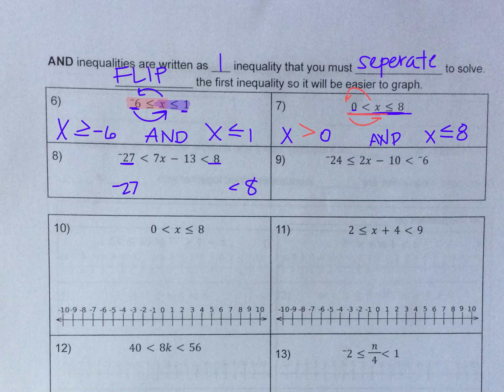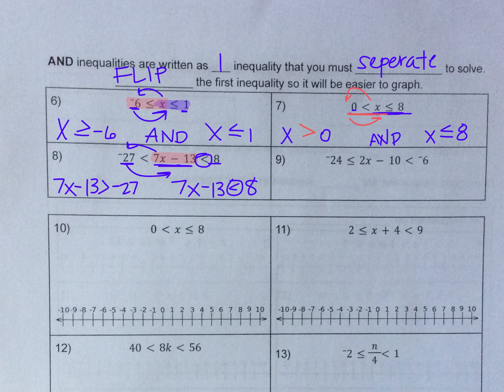Well, that whole thing in the middle right here is what we're going to write. 7x minus 13. Because that's the part that they're both sharing. 7x minus 13. So that one I just copy. This one I wrote the 7x and the 27 on opposite sides. So I have to flip my sign.